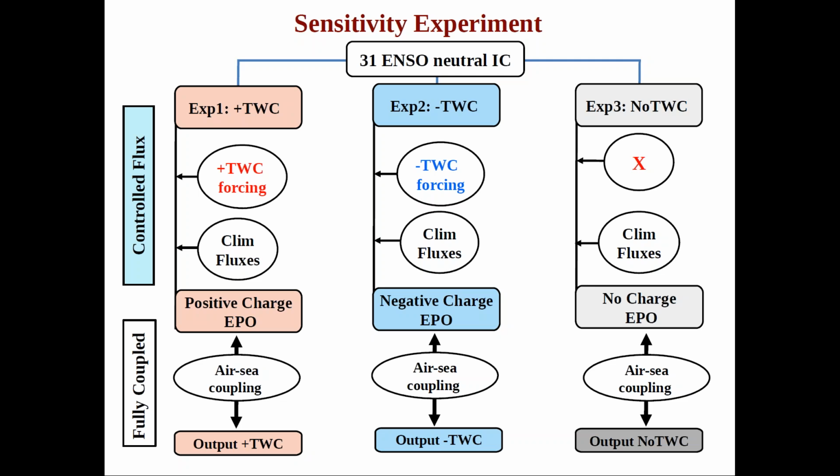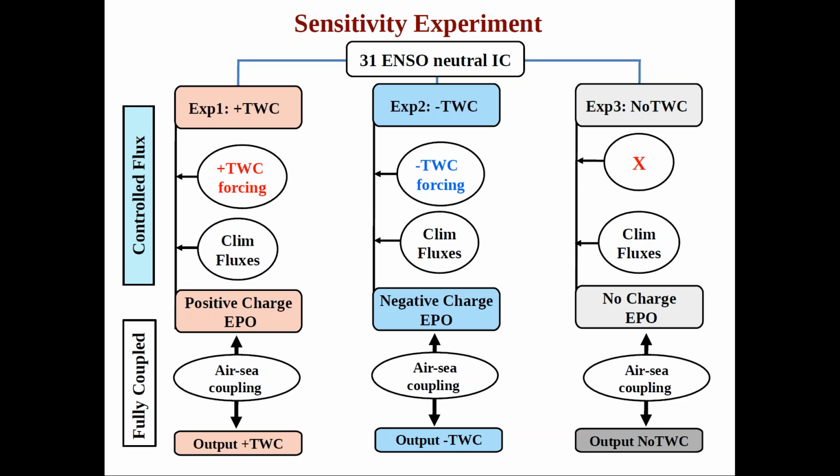So these are the 3 sensitivity experiments we did. The first one we run with a positive TWC forcing. We called it the plus TWC ensemble. Then we did the same type of experiment, but with the opposite forcing. We just multiplied the anomaly pattern I showed in the last slide by -1, and we got this minus TWC forcing.